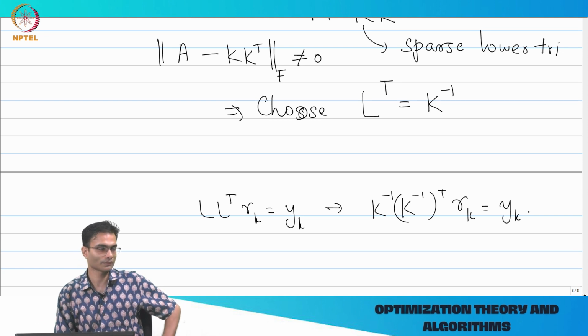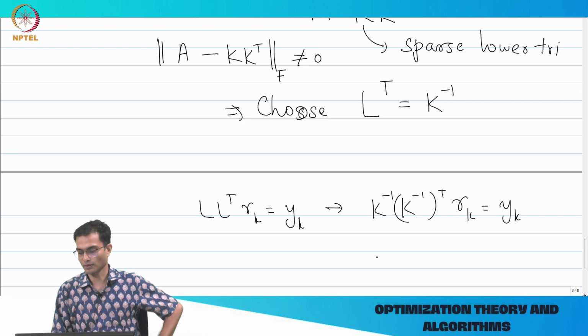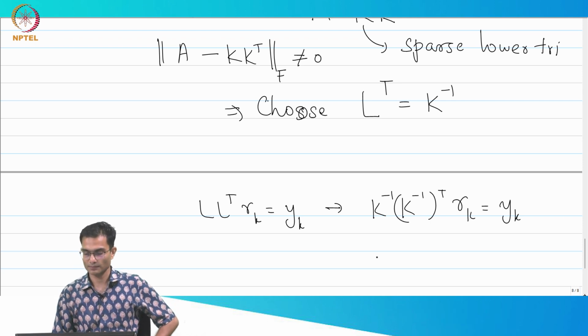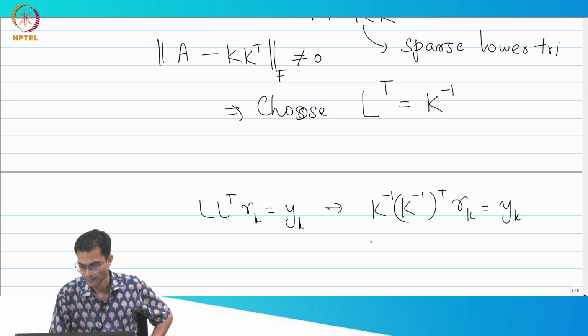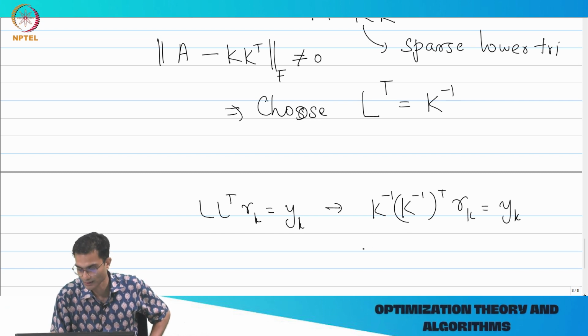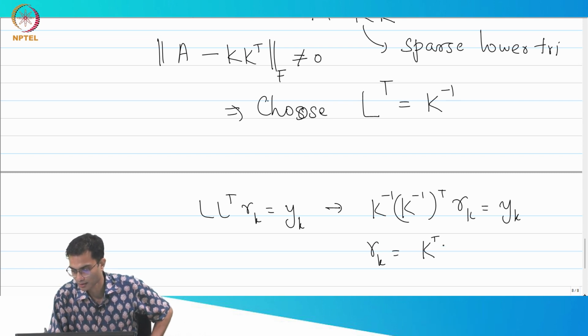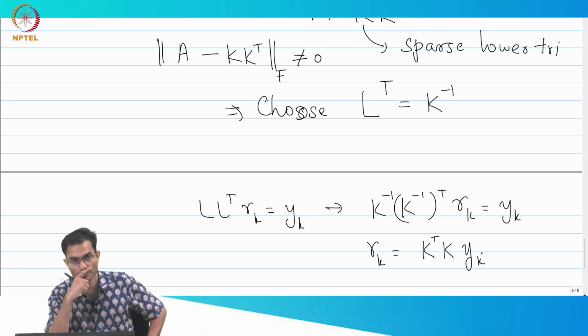That's what I need to solve, right? Can I simplify this further? I can take this to the other side, so I will get RK equal to K transpose K YK. Is that right?